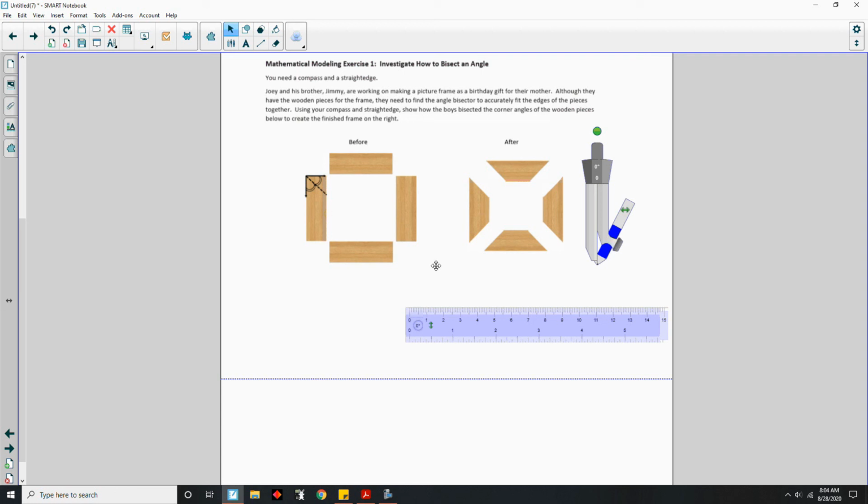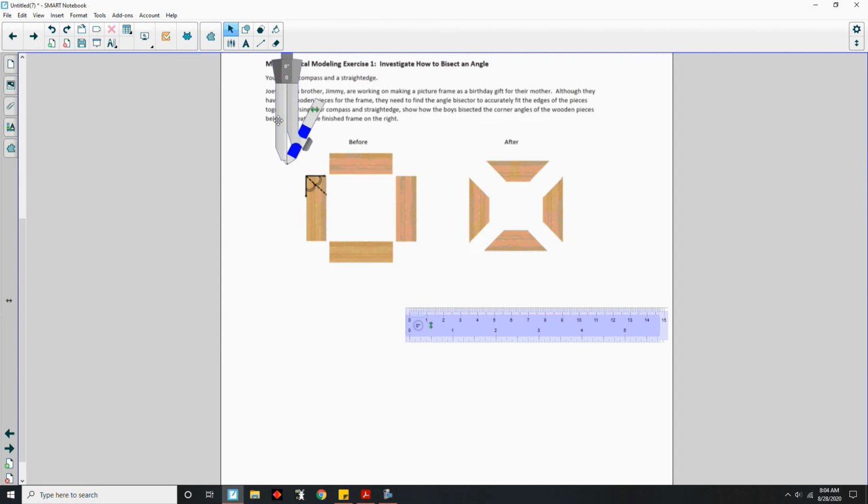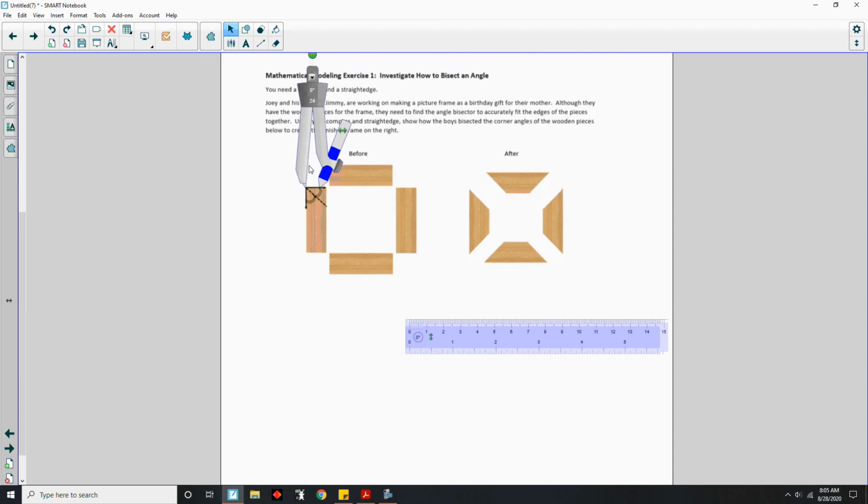Okay, so what you would do is you would take your compass and you would put it right there on the corner of the piece of wood, and you would bring this out like so, rotate it, okay, just moved a little, right there, make an arc right here, that would go through, actually let me move it over here a little.